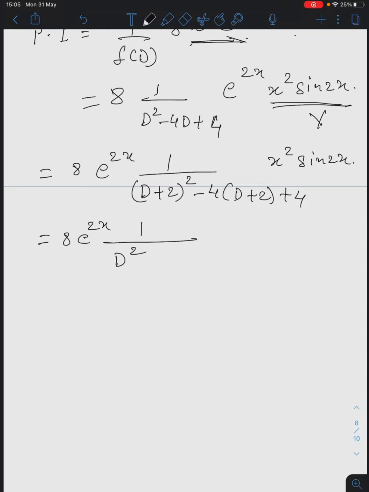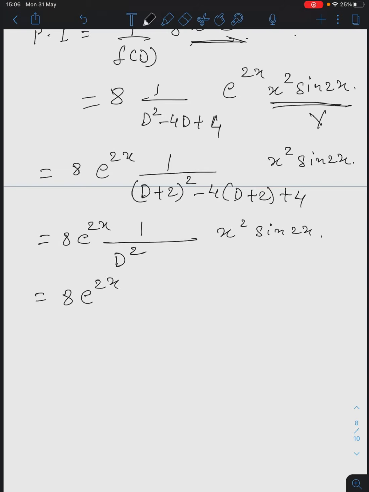Only d square you will get. Only d square is left out luckily. So that means this is nothing but 8 e to the power 2x as it is.